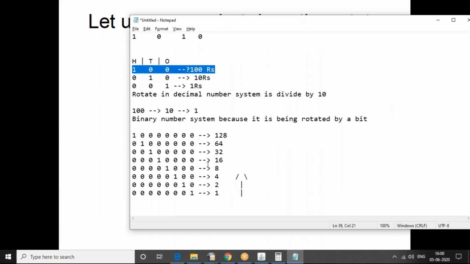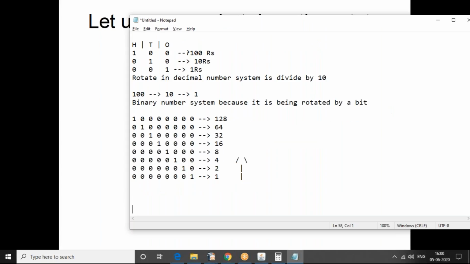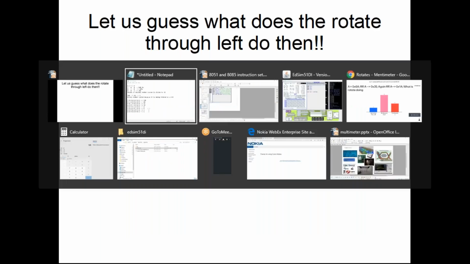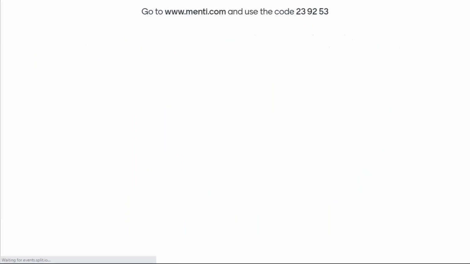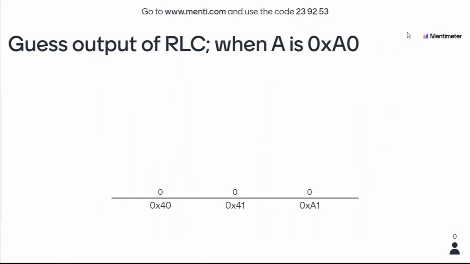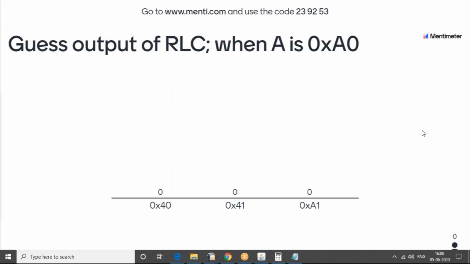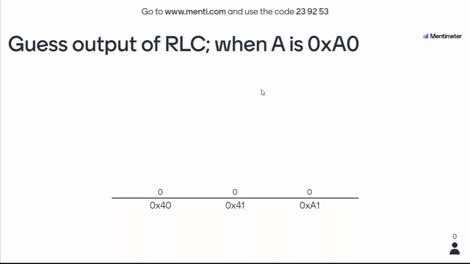So one significant advantage of this is that if you want to divide by 8, I think probably that's the next question. Okay, this question is a rotation with carry.